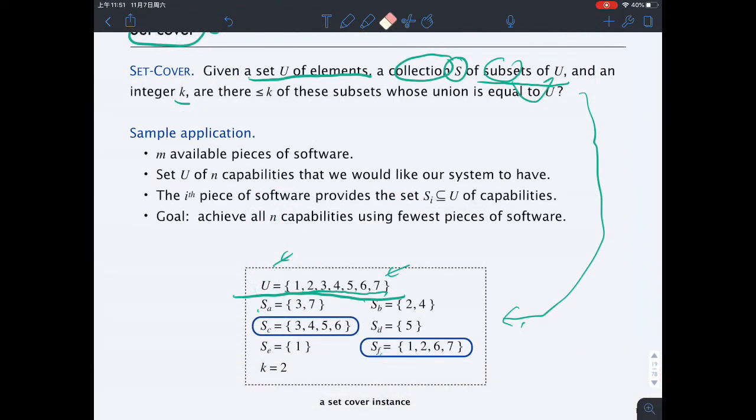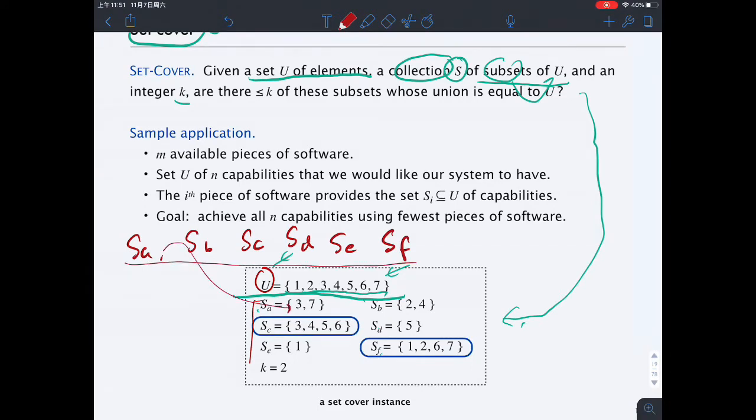We have a universe and a collection of subsets: SA, SB, SC, SD, SE, SF. These are all the subsets. SA corresponds to 3 and 7, and all these elements appear in the universe set, right?